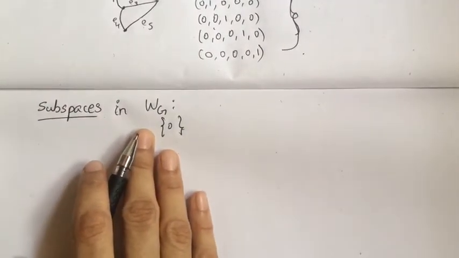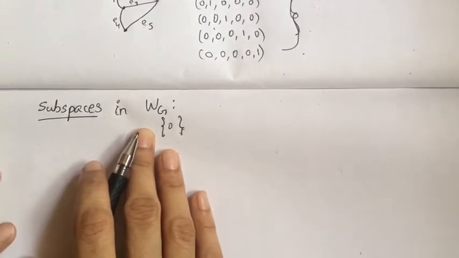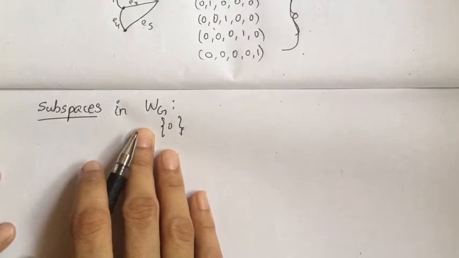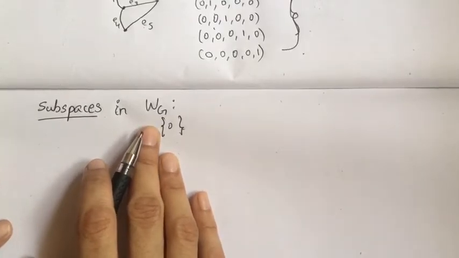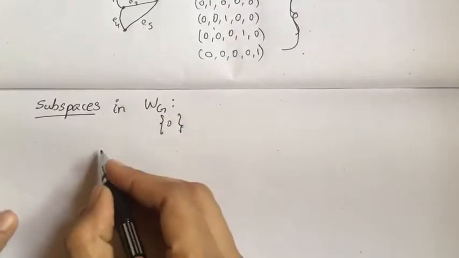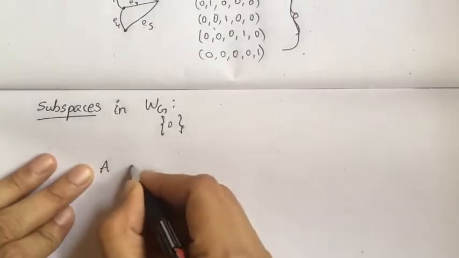Subspaces in WG. In the vector space WG over the Galois field modulo 2 associated with the graph G, we are considering two types of vectors. One is a circuit vector.